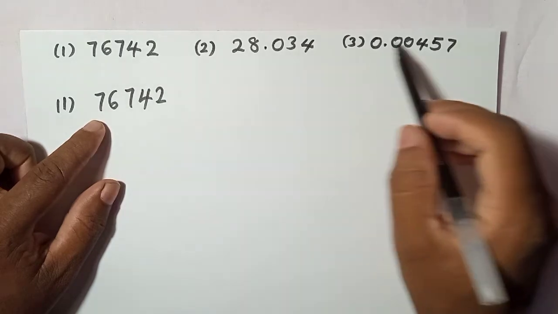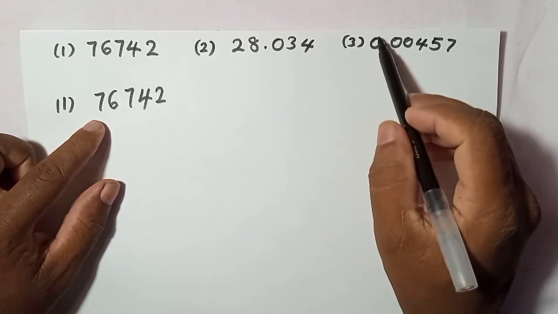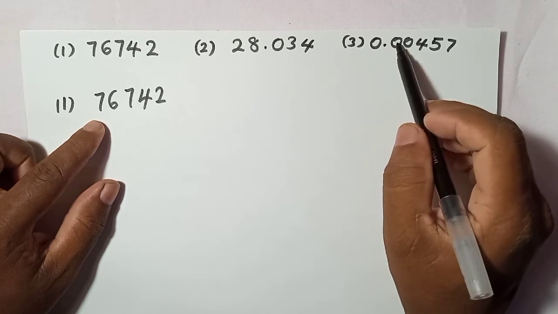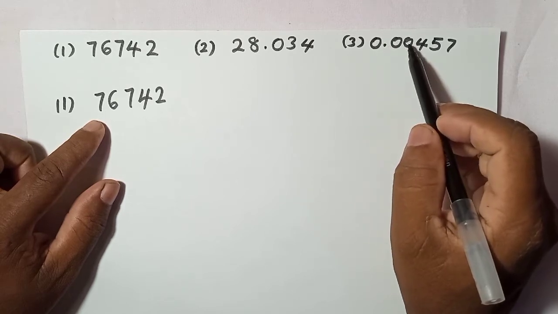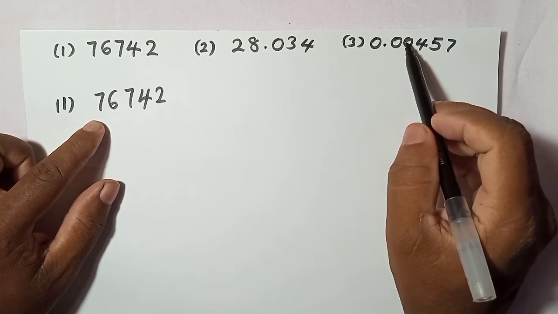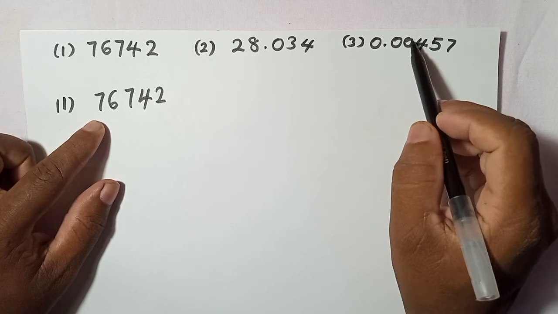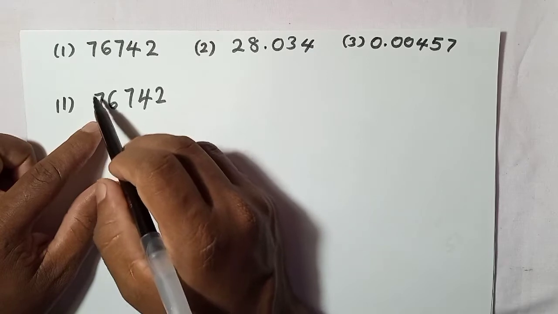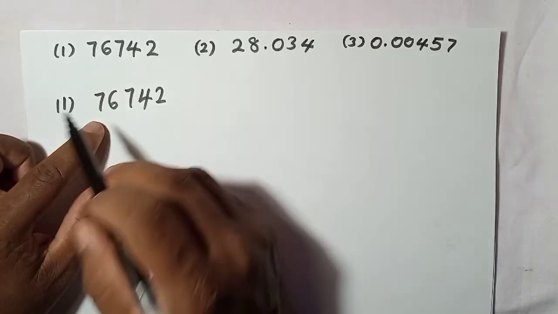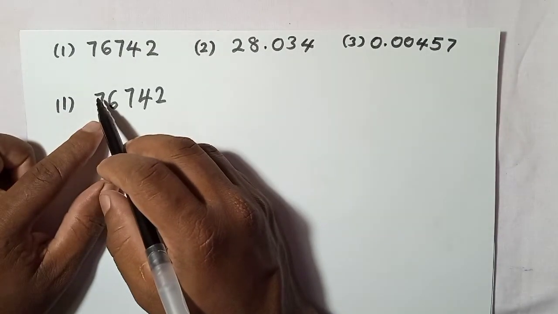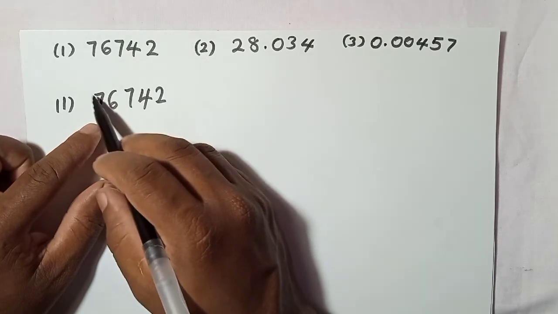When you look at these zeros, they are not the first significant figure, because each is a 0, not a digit 1 to 9. That's why these are not the first significant figure. Here 7 is a digit except 0, a 1 to 9 number, so this is the first significant figure.